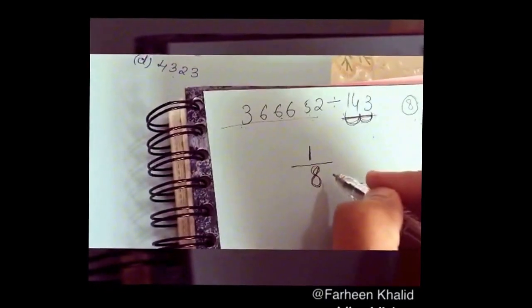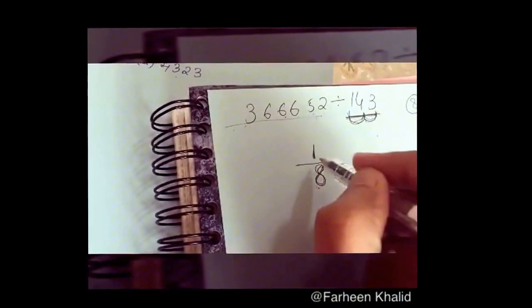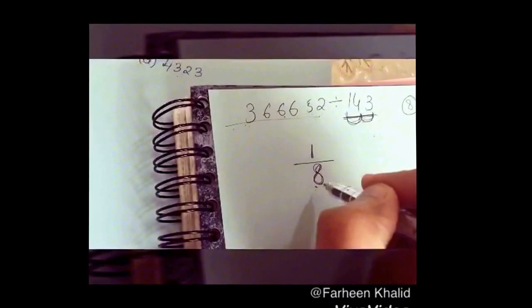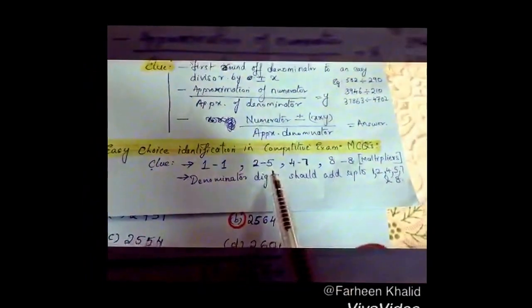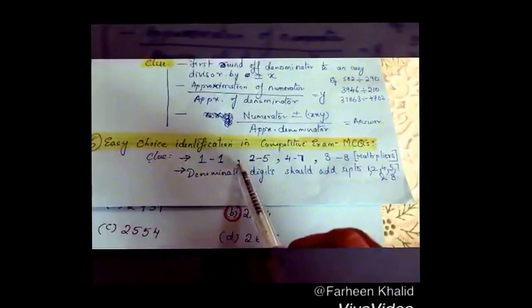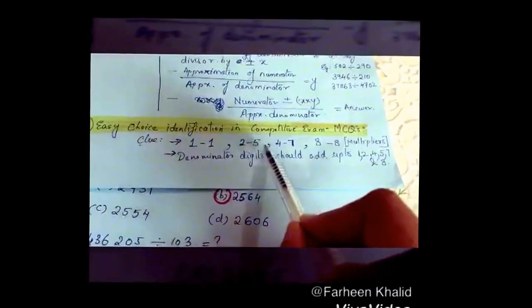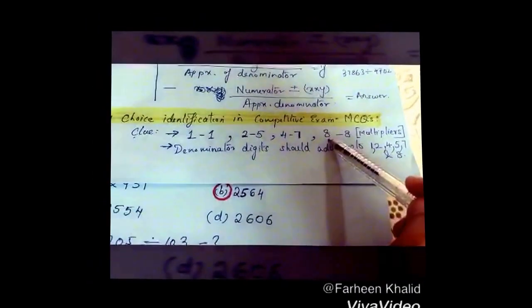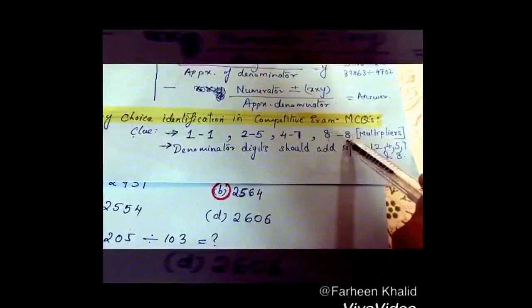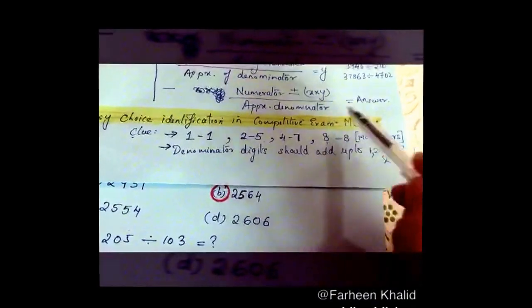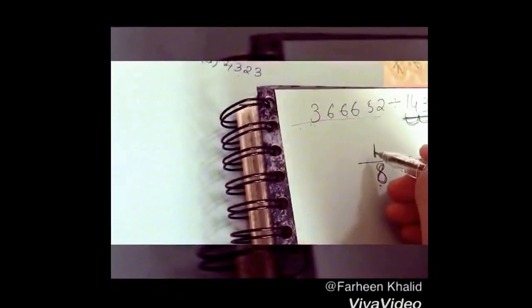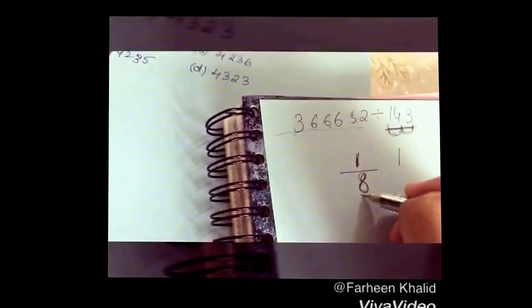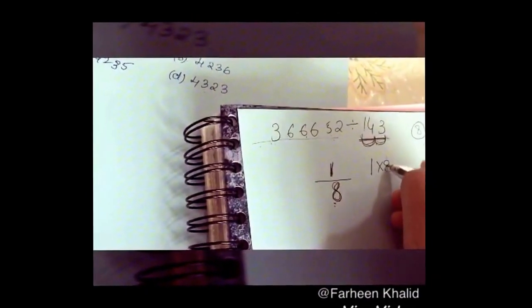But we do not divide this number by 8. If you remember, I told you in the first place that these are the multipliers. So if you get an 8 in the denominator, you multiply the numerator by 8. Our numerator is 1, so we are going to just multiply it by 8.